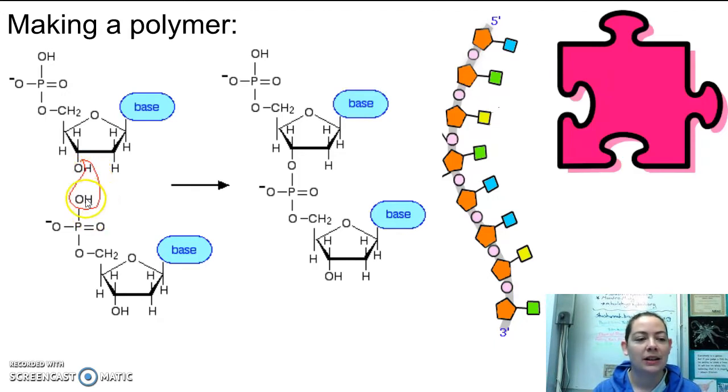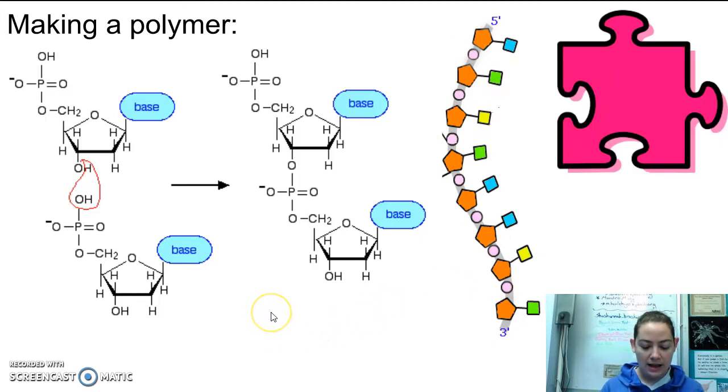H2O, right, water. So they're going to go off and become water, and this oxygen here is going to covalently bond with the phosphate. So you're going to end up with a nice backbone of phosphate, sugar, phosphate, sugar, phosphate, sugar, with the bases off to the side. So it'll look something like this.